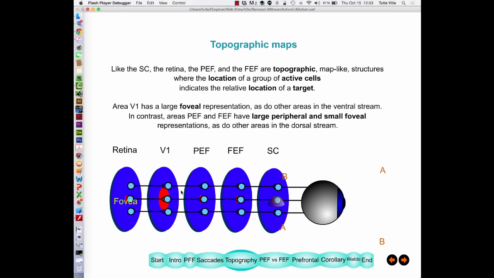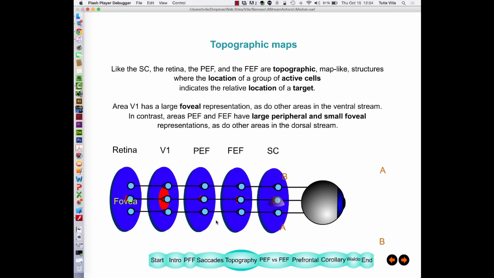In V1, we saw that the fovea had a very large representation because the axons from your optic nerve favored the fovea. There were many axons coming from the foveal region. So this then got itself a large representation, and the periphery then a smaller representation.